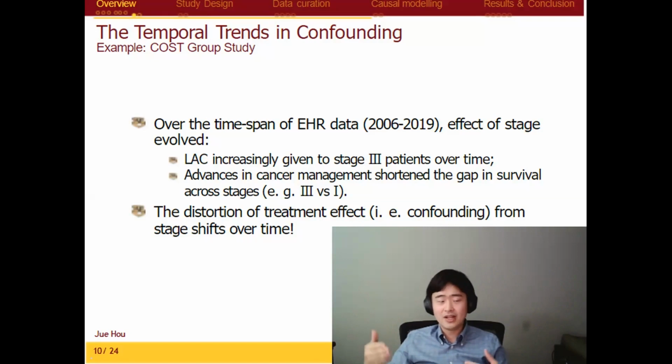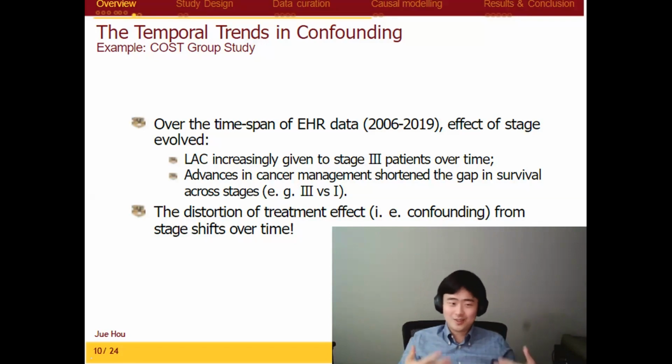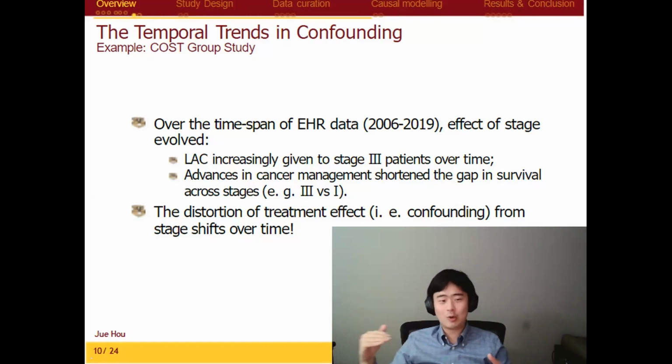So there is also a change in the outcome associated with stage over time. So the strength of the confounding distortion of the treatment effect is different. Maybe it's stronger in the beginning, and I think it's getting weaker and weaker over time. So this time trend is also something we need to take into consideration.